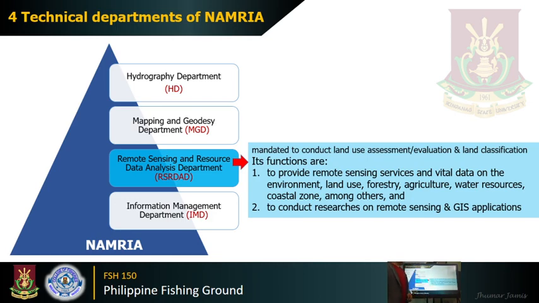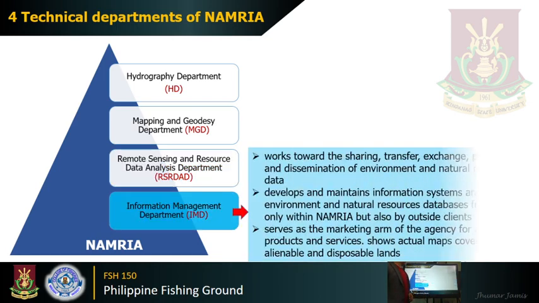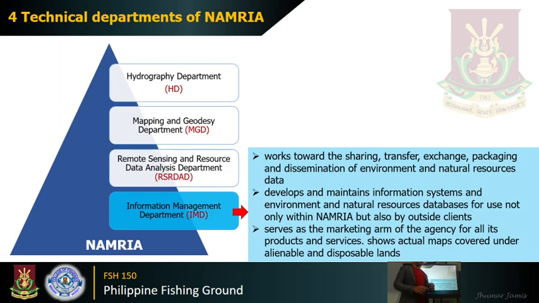So the last department of the NAMRIA is the Information Management Department. Sila yung in charge on the information security or works towards the sharing, transfer, exchange, packaging, and dissemination of environment and natural resources data.